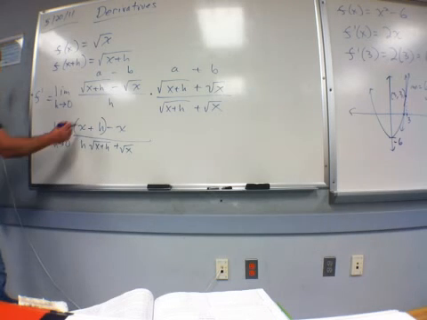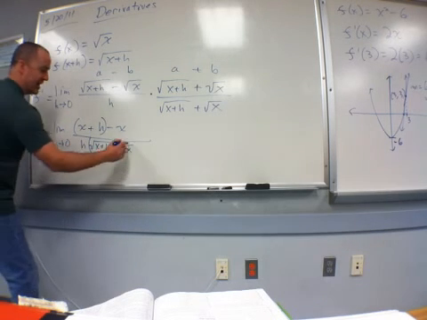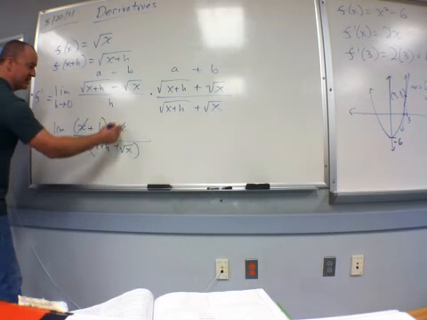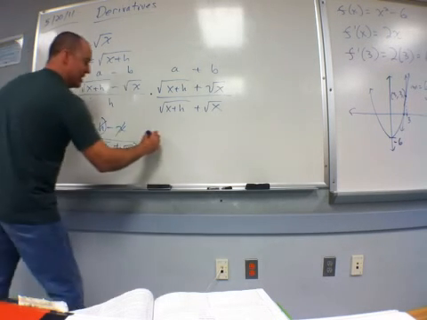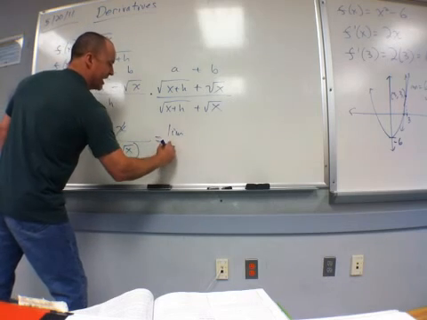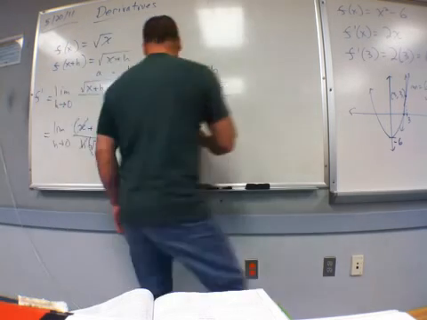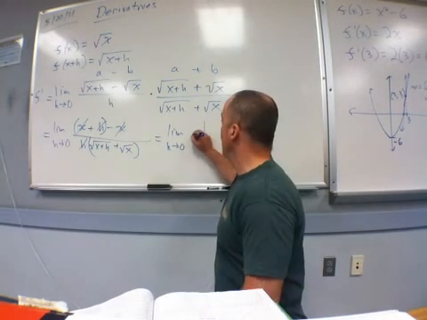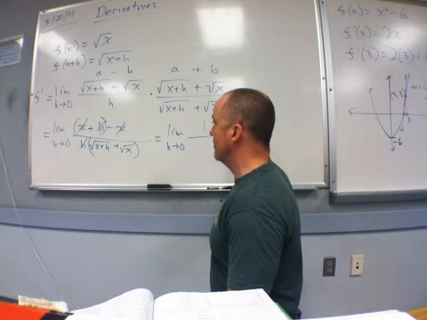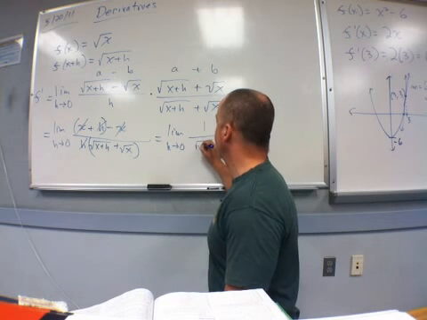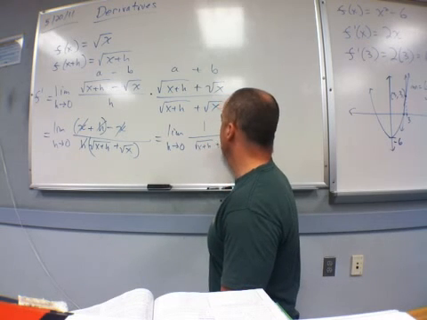So this is x minus x, h divides with h, and what I'm going to get is the limit as h approaches 0 of 1 over, with all that's left on the bottom, root x plus h plus root x.